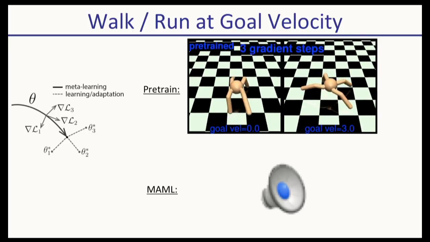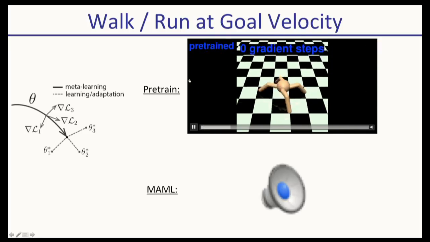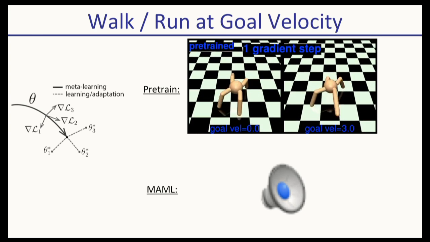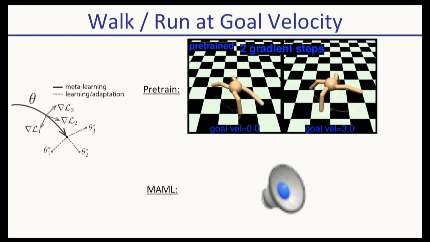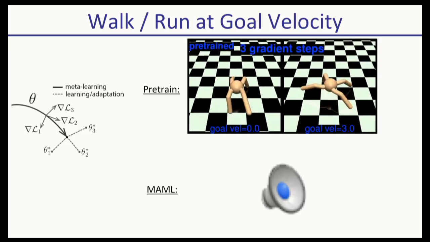It's just some kind of average of the optimal thetas, and you don't adapt super quickly to the task. If you watch this again, there's the initial policy, and then after one gradient step, it's supposed to go at velocity 0. It's not exactly doing that. Velocity 3, not exactly doing that. So just averaging the theta that you get from training for multiple tasks is not that great.